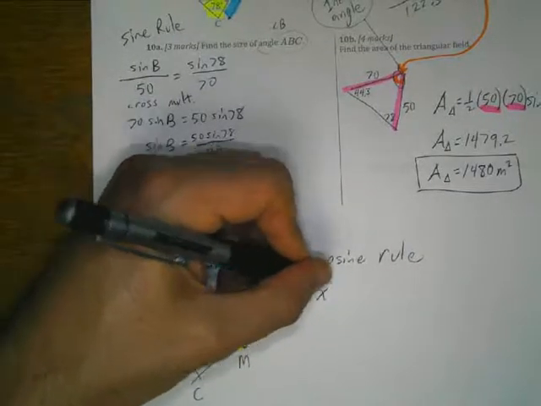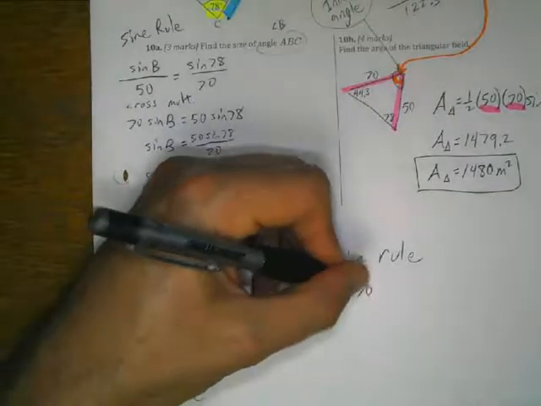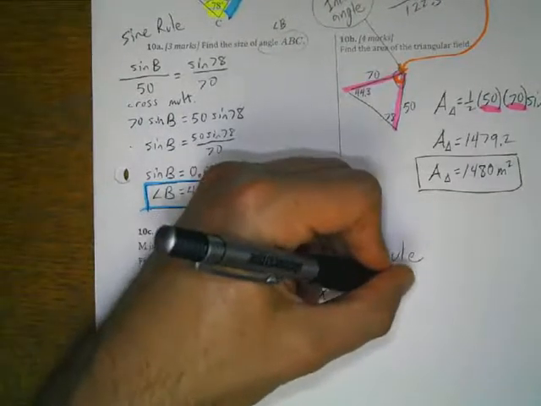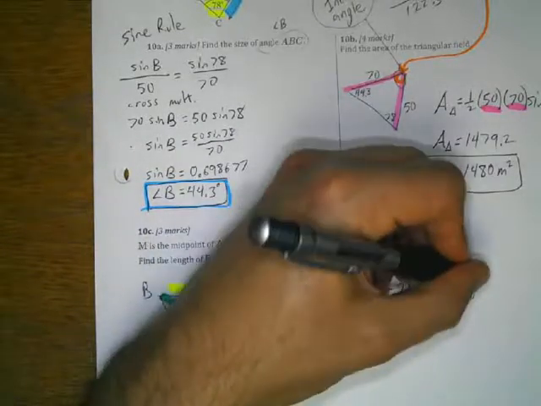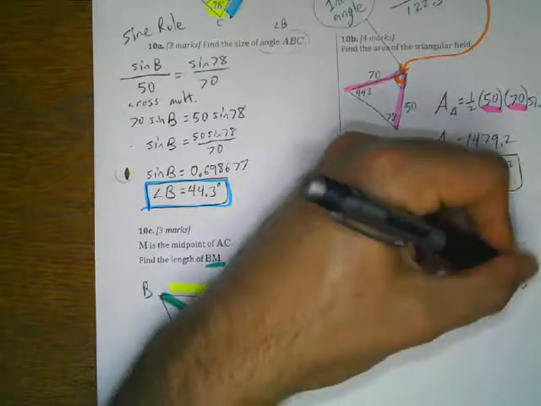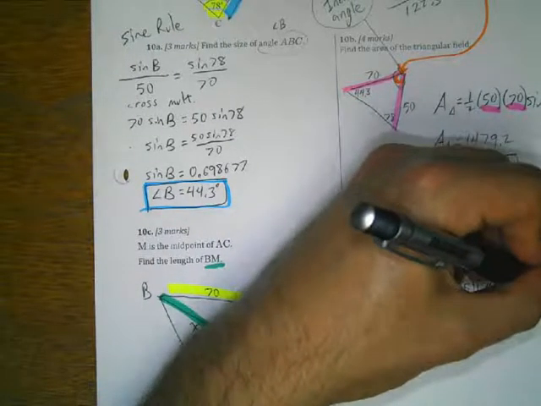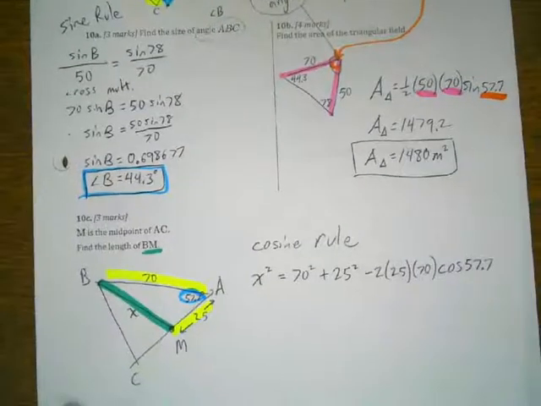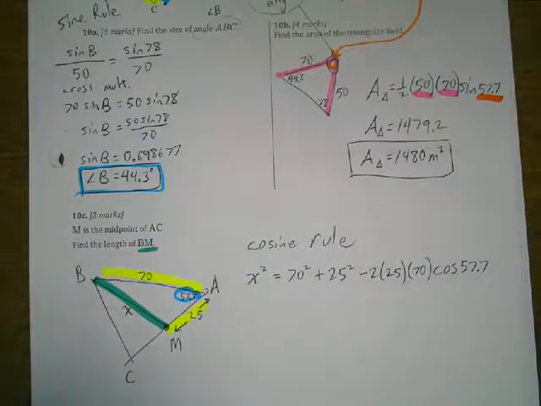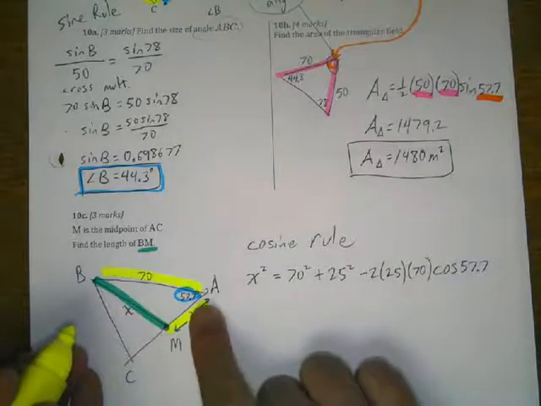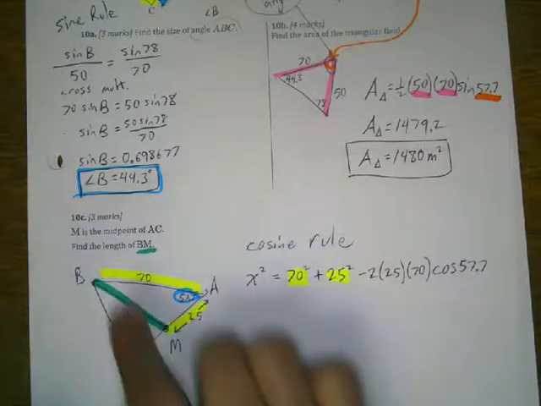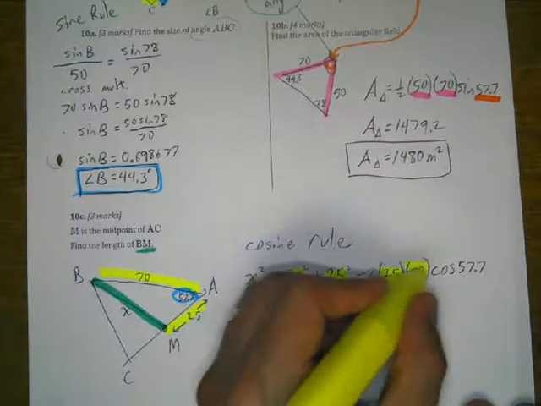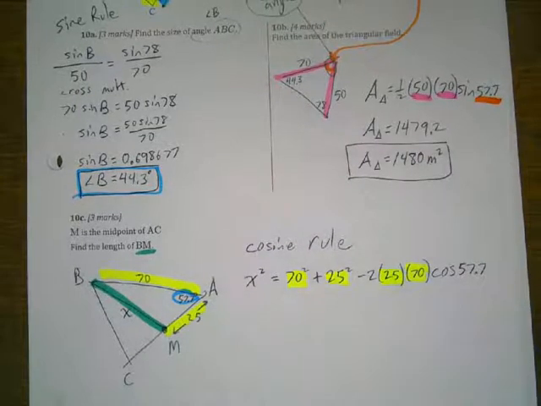So x squared equals 70 squared plus 25 squared minus 2 times 25 times 70 cosine 57.7. So remember, when you're doing the law of cosine, we're finding this side here that's across from the angle that we already know, the included angle. And we've got these two sides on either side of the angle we already know, which is 57.7.